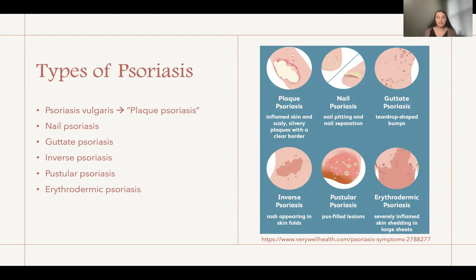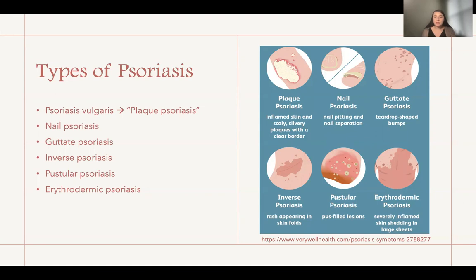Inverse psoriasis is a unique type in which there are no scales or plaques present because it's just a rash found in the skin folds, such as the creases of the elbow or behind the knee. The reason there are no scales is that these are pretty moist environments.